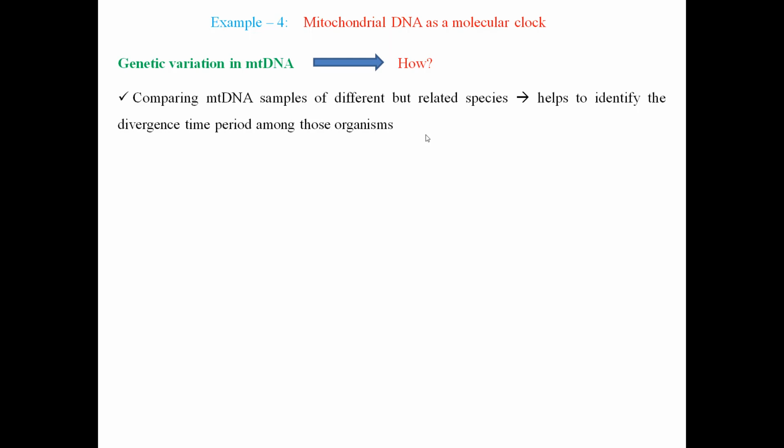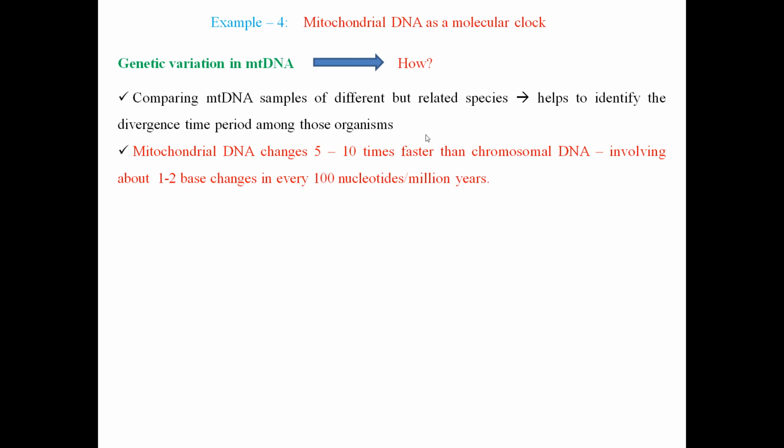Like that we can check for the whole country or the whole world. Mitochondrial DNA changes 5 to 10 times faster than chromosomal DNA, involving about 1 to 2 base changes in every 100 nucleotides for every million years, because it lacks the repairing enzymes found in nuclear chromosomes.